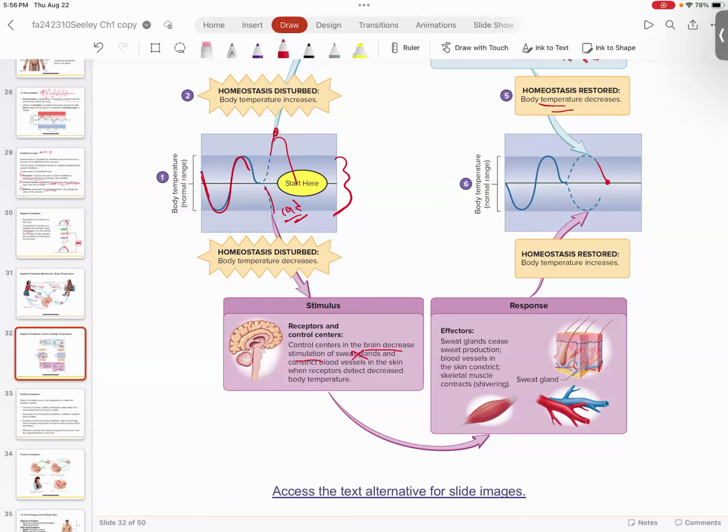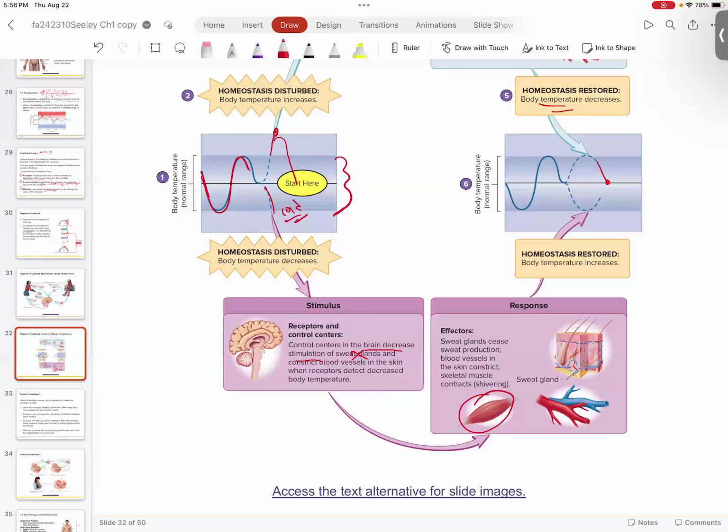Oftentimes, our blood vessels will basically constrict, and ultimately they will maintain the core body temperature closer to the core. The other big thing we'll also do is we'll stimulate the muscles to shiver. Whenever you get cold, this is the reason why you shake, because your skeletal muscles are the major heat generators in your body.